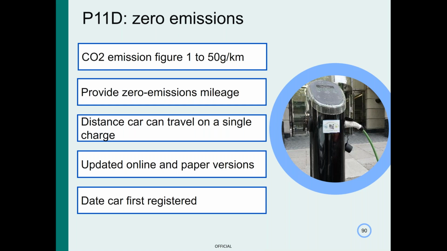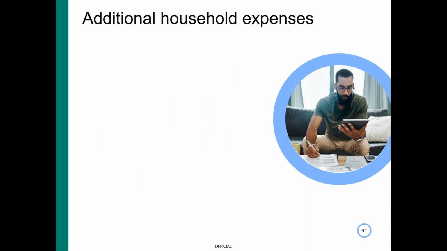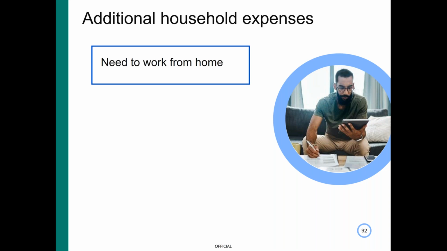If you cover the cost of additional household expenses for an employee who works from home, you don't have to report or pay anything if all the following apply. They need to work from home either because the equipment they need isn't available at your workplace, or their work means they must live too far away from your workplace to travel there every day.